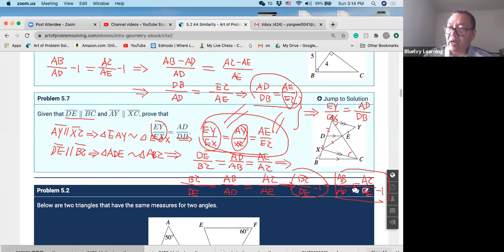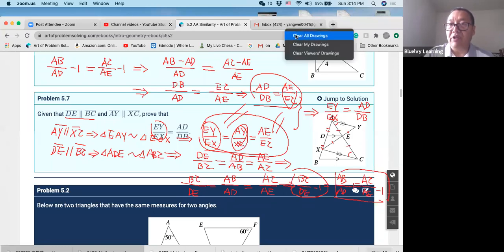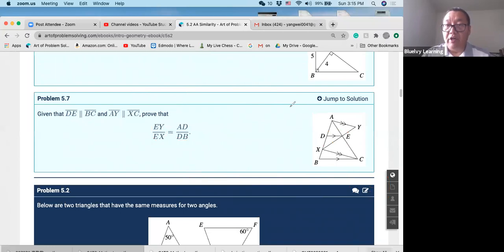Then we need to change this ratio to make it the ratio we are looking for. Then we change that, and we get AE over EC equals AD over DB. Then we replace, because they all equal AE over EC, and get EY over EX equals AD over DB. Okay, that's what we did. So here we finished this section.